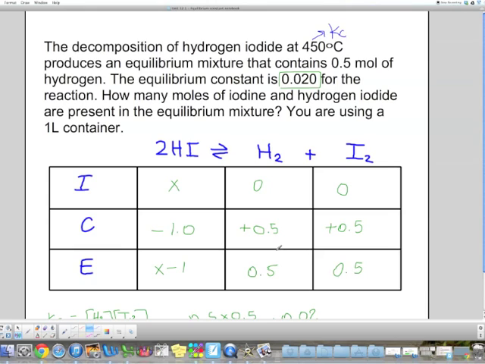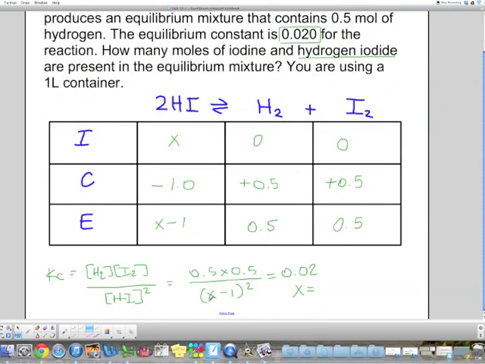So if we go back for a second to the question, they're asking you how many moles of iodine and hydrogen iodide are present in the equilibrium mixture. They should say concentration, really. So we'll answer with the concentration in this case. So what concentration of iodine and hydrogen iodide are present? Well, the iodine, sorry, we found already. It's 0.5. Now all we have left to find is x minus 1, which will correspond to the hydrogen iodide concentration.